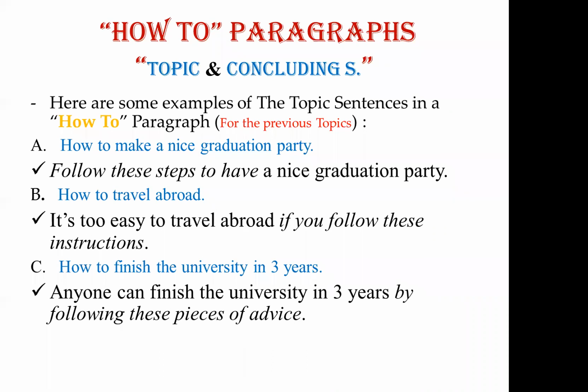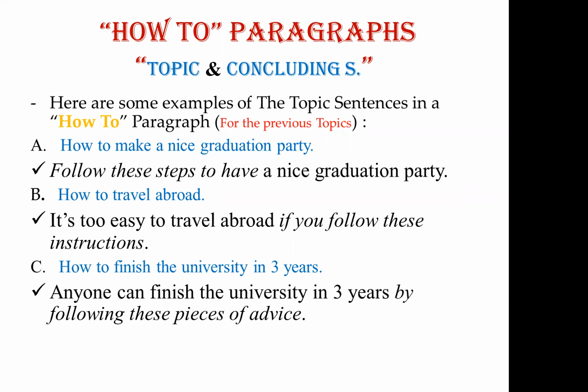Follow these steps to have a nice graduation party. If you follow these instructions, and by following these pieces of advice. These are some words or pieces of sentences that are used in the topic sentence of how-to paragraphs.